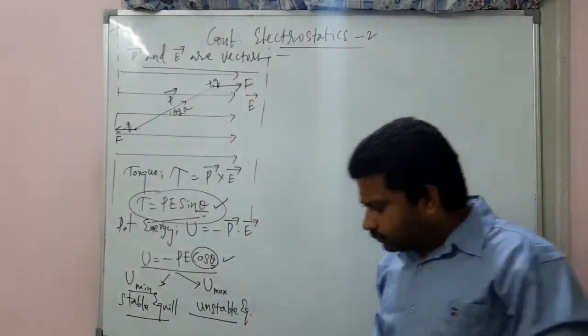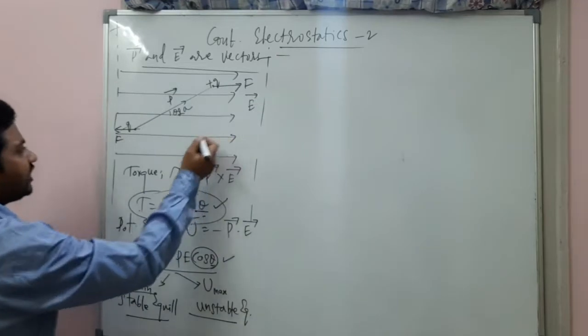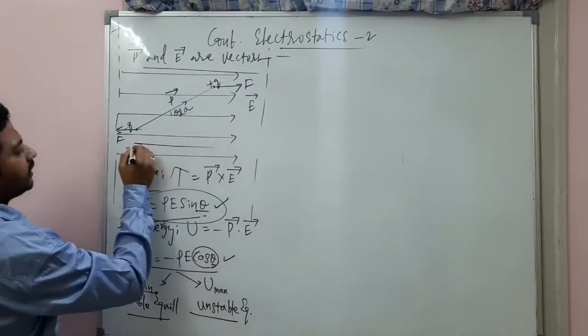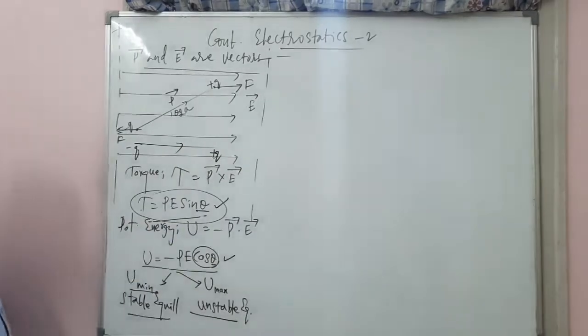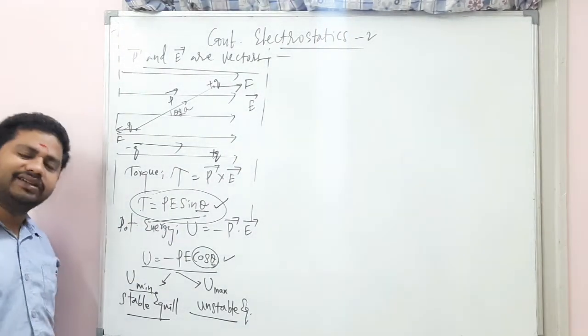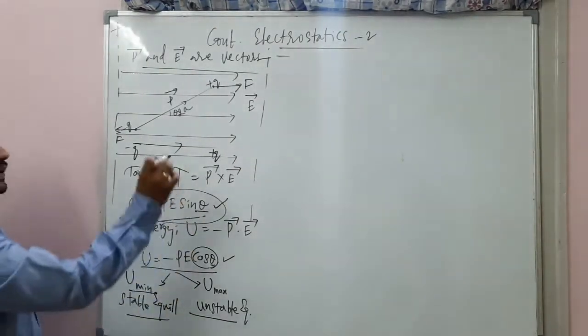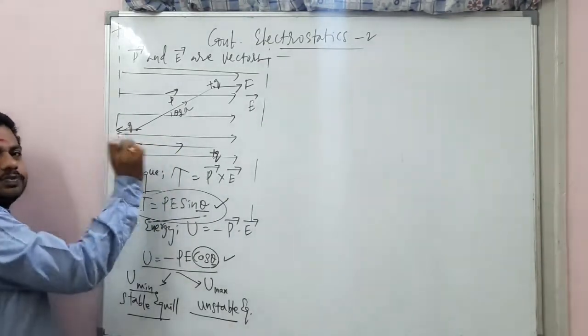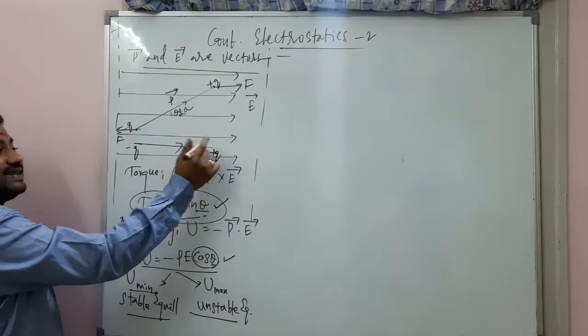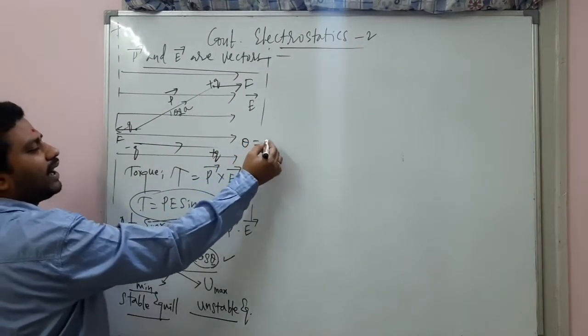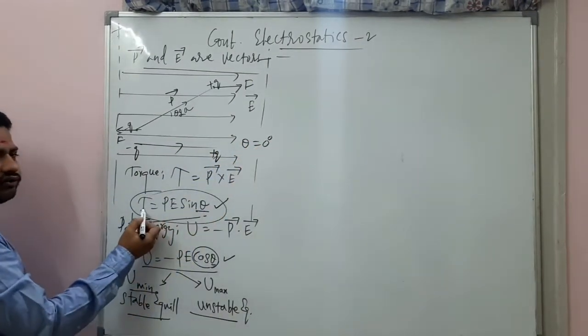Imagine a situation, initially the electric dipole is here, this is minus q and this is plus q. Initially it is here, right? Initially it is like this. From this position, listen, the angle between P bar and E bar is 0, so the torque will be 0.